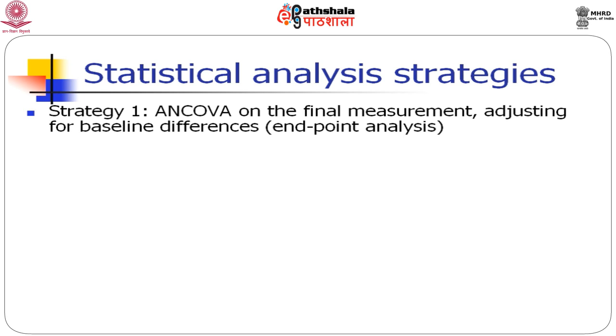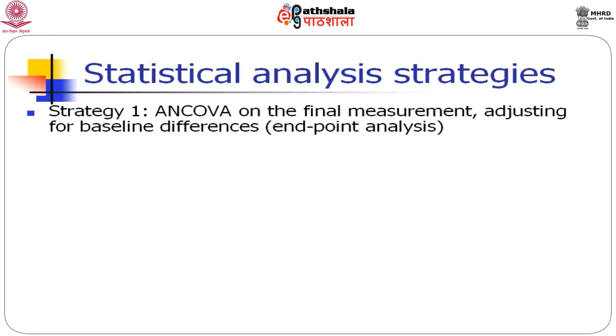This is analysis of covariance on the final measurement, adjusting for baseline differences, which is called endpoint analysis. What does it mean? Final measurement is the last time point measurement, and you have to adjust for the baseline observations, that is the first column that you have over the first point of time, right?